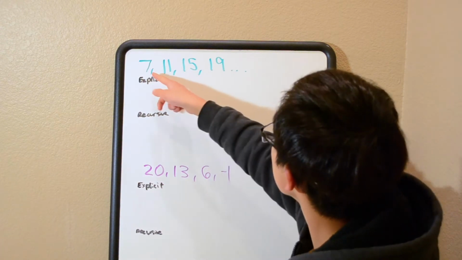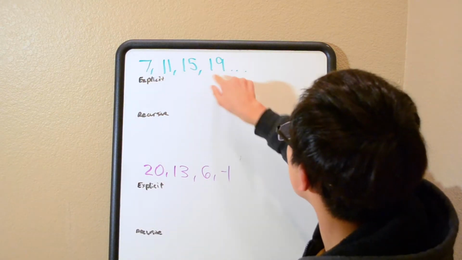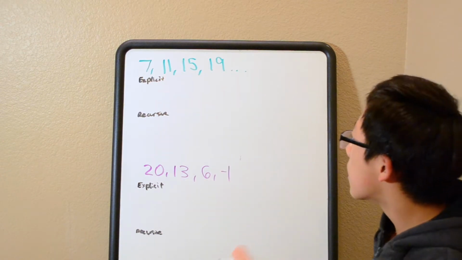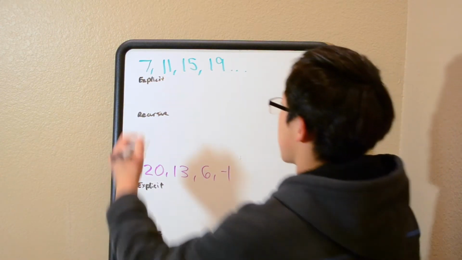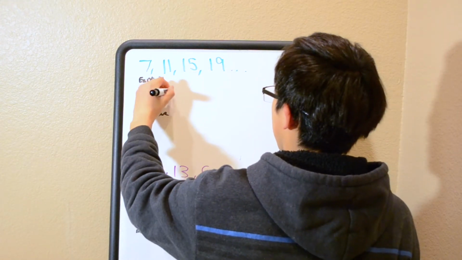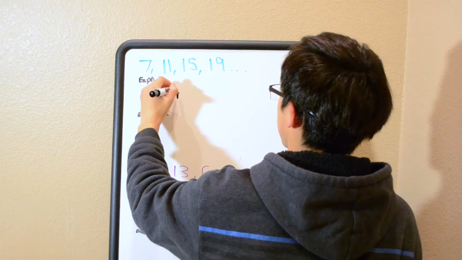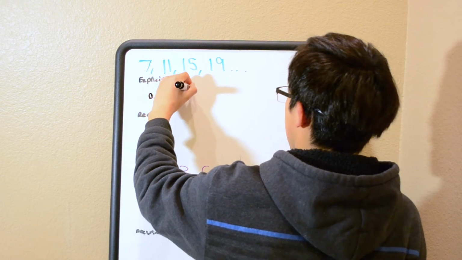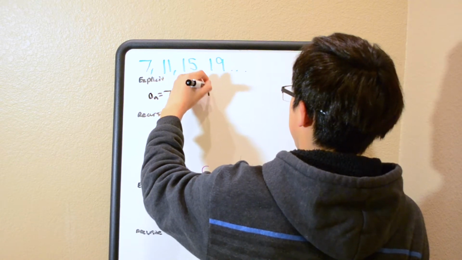So let's start with this one, 7, 11, 15, and 19. First, let's find our common difference, it's 4, and let's write our explicit formula. So a sub n is equal to the first term, 7, plus the common difference, which is 4, times n minus 1.